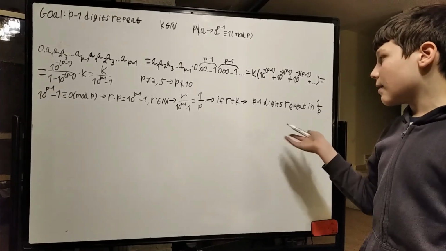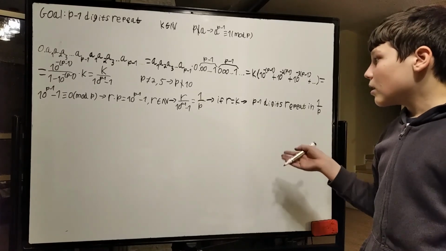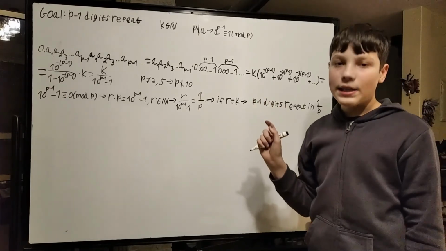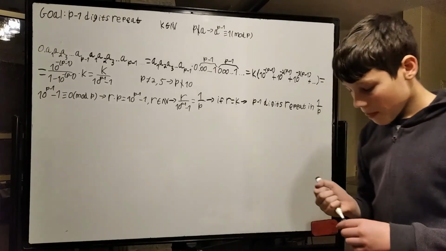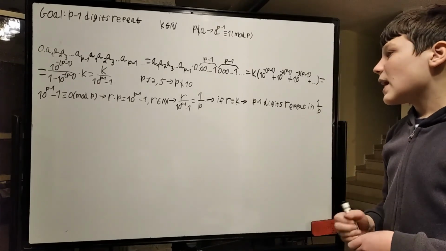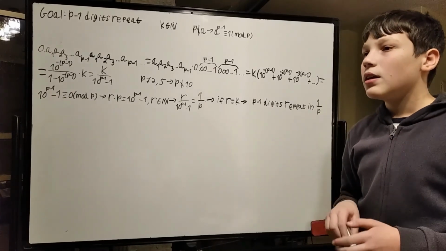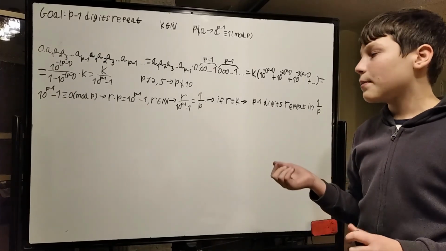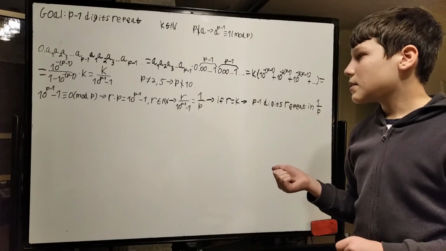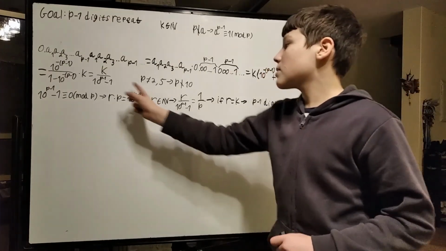And like I said earlier, we know that r can equal k. And a hint to why r cannot have more than p minus 1 digits is by looking at this.